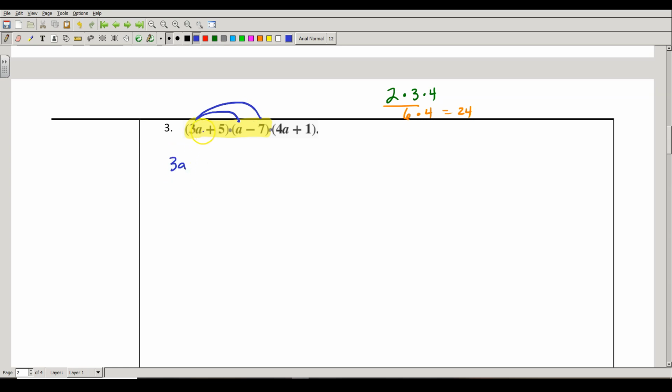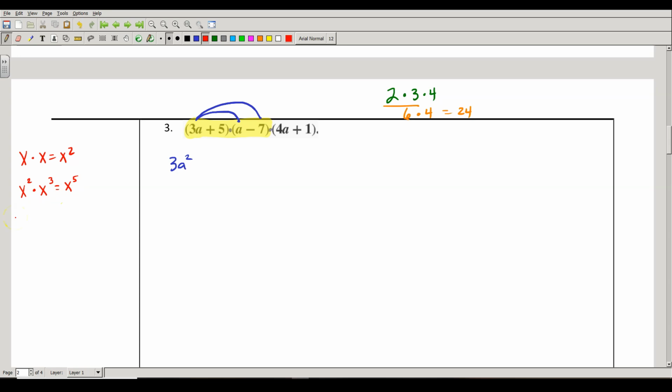3a times a is going to be 3a squared. One thing that we're going to have to remember when we're multiplying is very basic exponent rules. If I took x times x, that's x squared. Or if I took x squared times x cubed, that's x to the fifth.